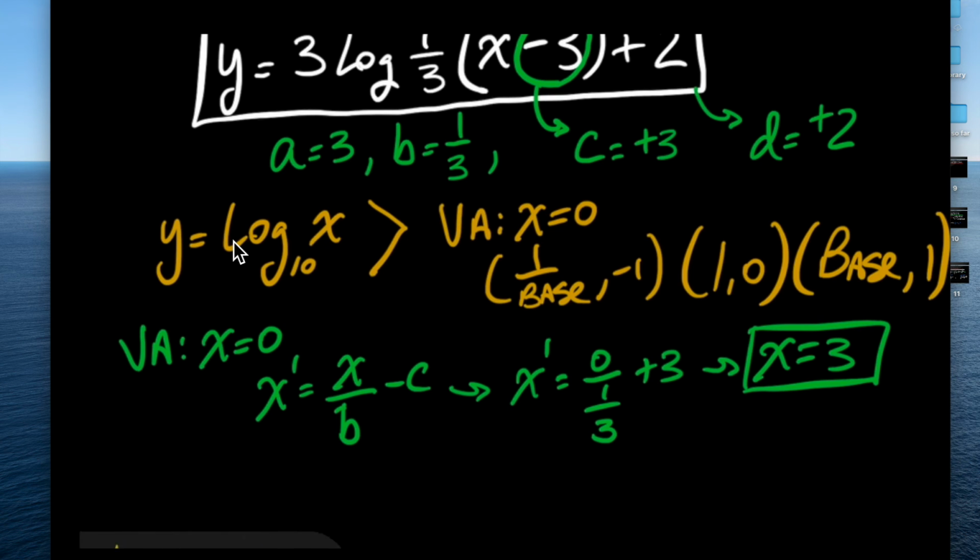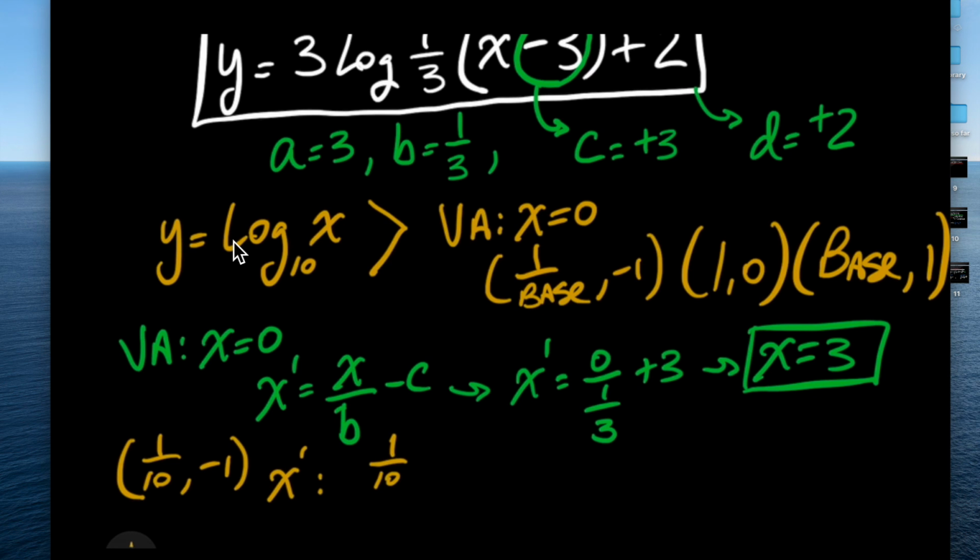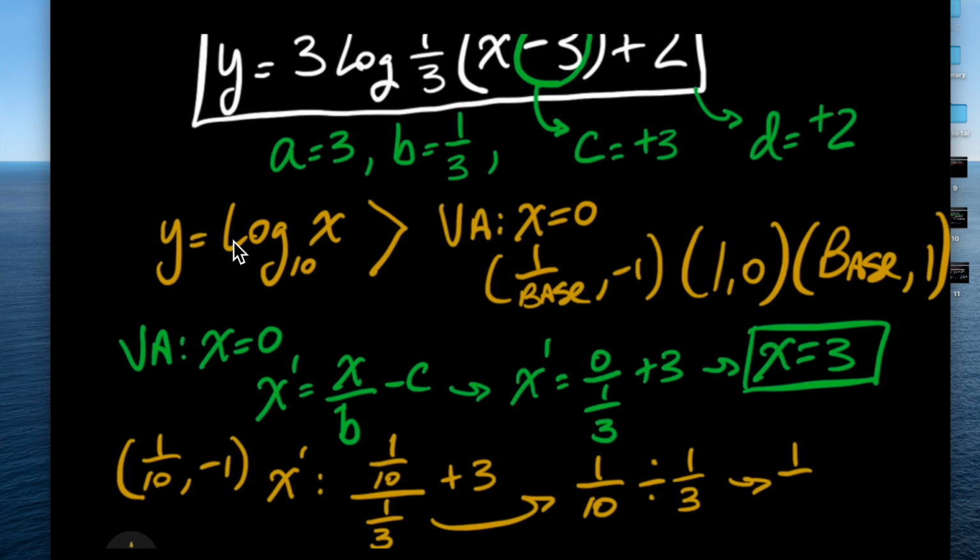Our first point, the original point, is going to be 1 over the base, comma, negative 1. Our x prime is going to be the original x over the b value, which is 1/3, plus 3. 1/10 divided by 1/3 is the same as, if you use keep change flip, 1/10 times 3 over 1, which equals 3 over 10.